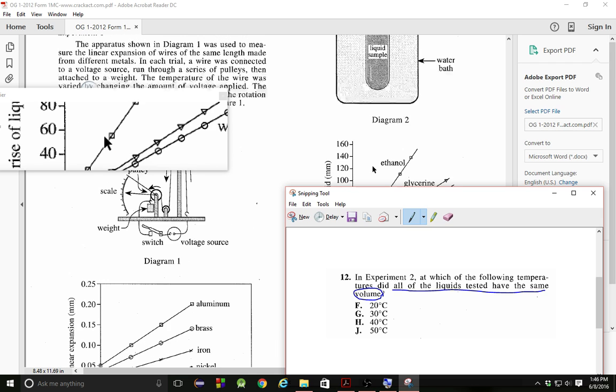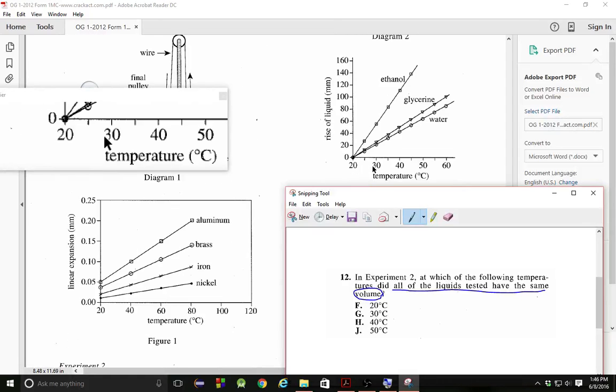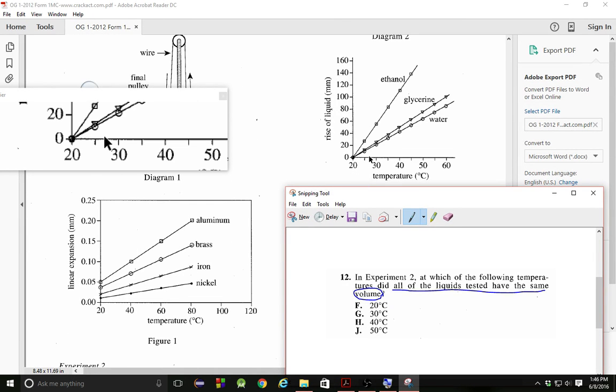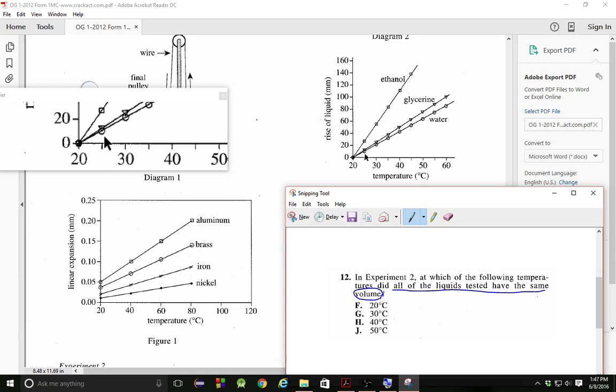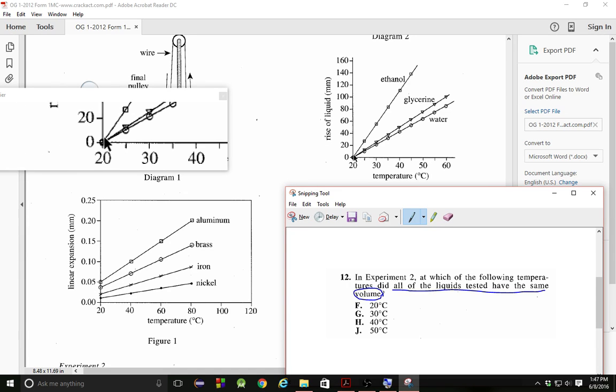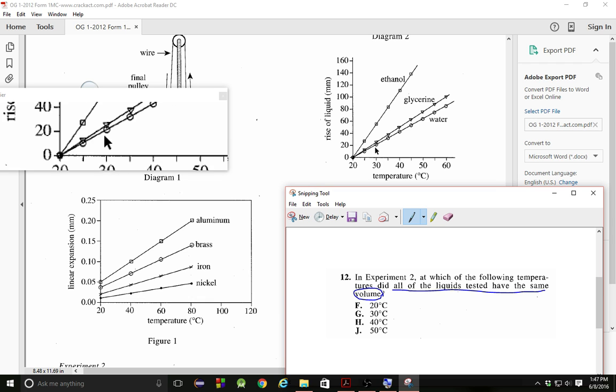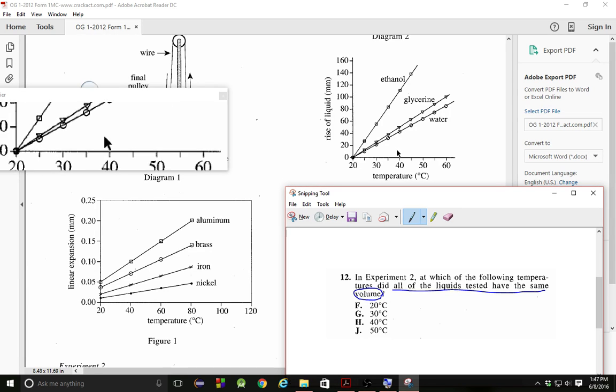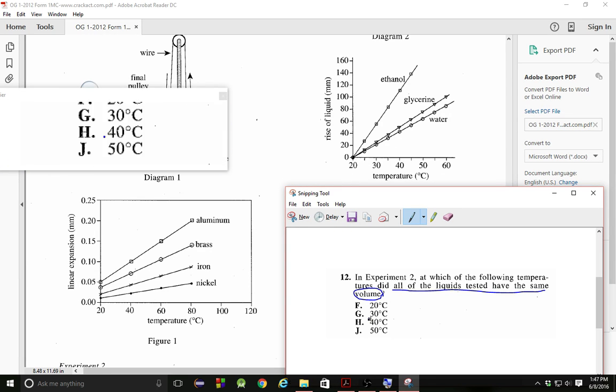Well, in order to have the same volume, we have to have the same rise of the liquid, right? And so far, I'm going to check if this is correct, but it seems like only 20 degrees Celsius has the same volume.